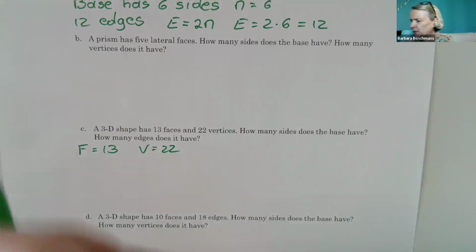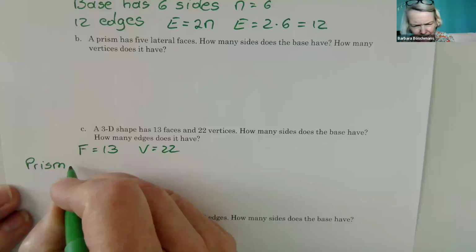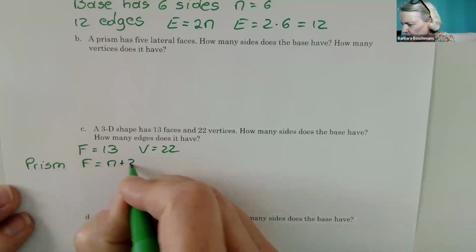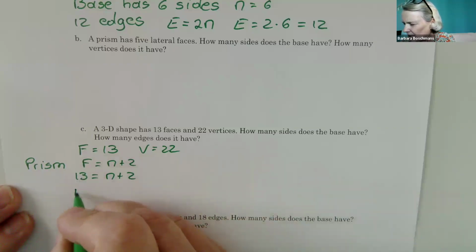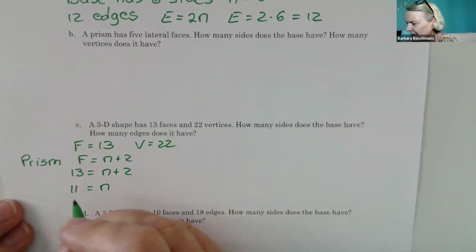What I know for prism, the number of faces was n plus 2. So 13 would be n plus 2. Subtract 2 from both sides, n would be 11. So if it's a prism, then the base would have 11 sides.